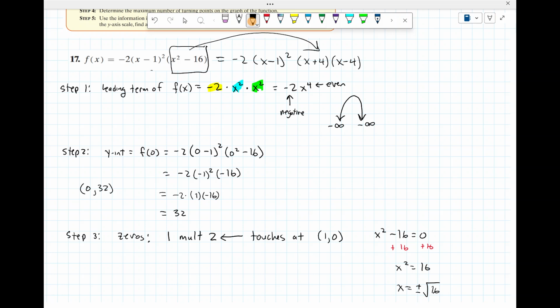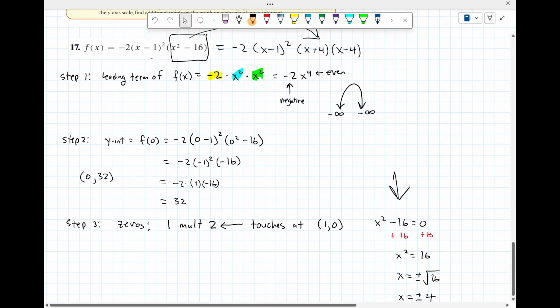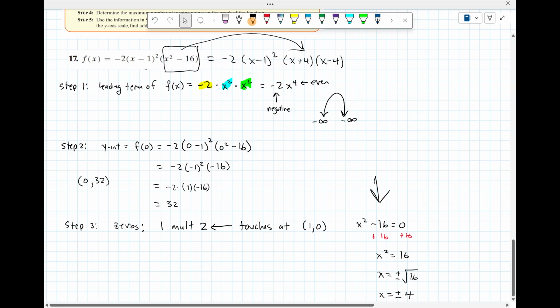You would not have needed to solve for x. But in case you aren't super familiar with that rule, you can always just solve for x, and then if you get two real numbers, you can express both. You can replace, in this case, x squared minus 16 with the two factors x plus 4 and x minus 4.